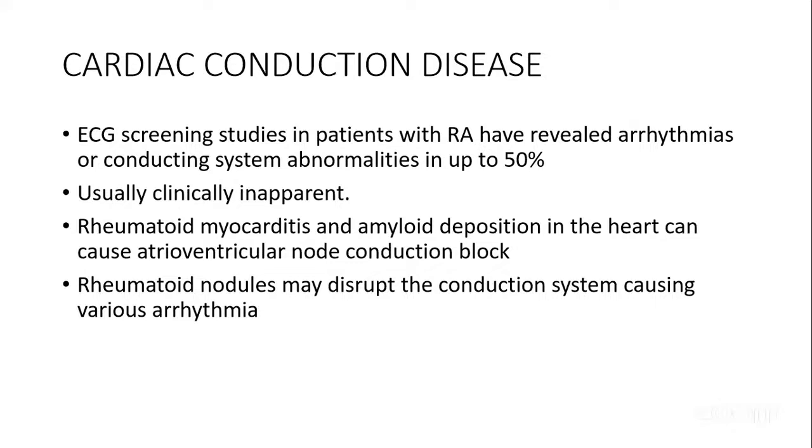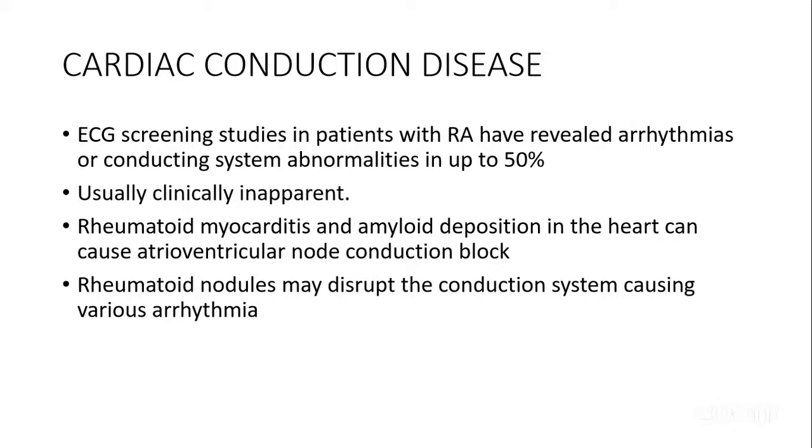So they can also present with different types of arrhythmia, both brady and tachyarrhythmia, in patients with rheumatoid arthritis. You can have different types of block, ventricular arrhythmia, atrial fibrillation, and different types of conduction abnormality.